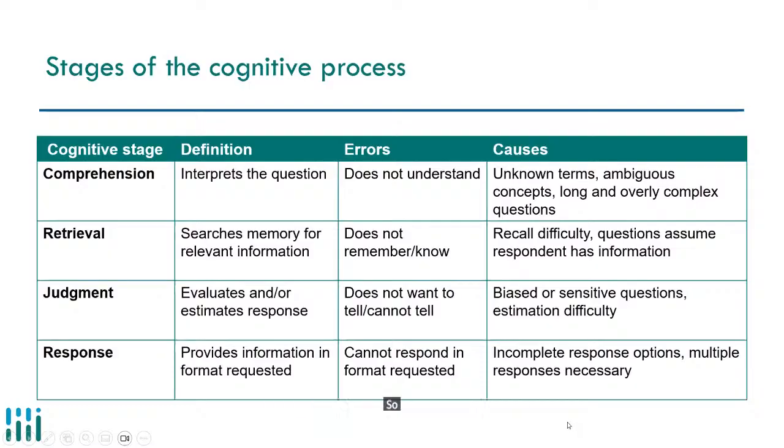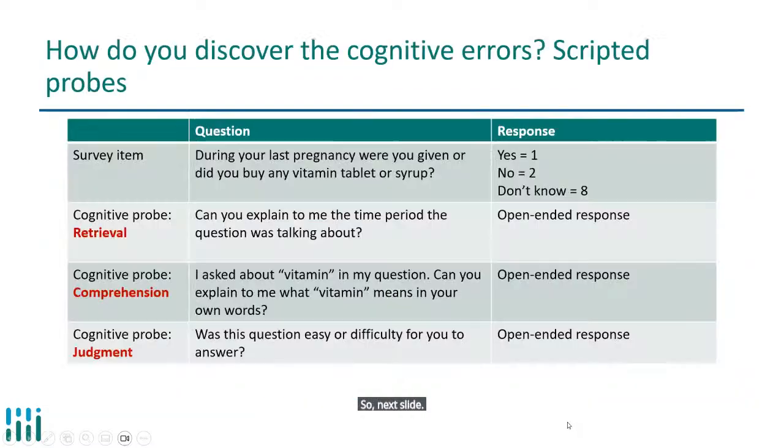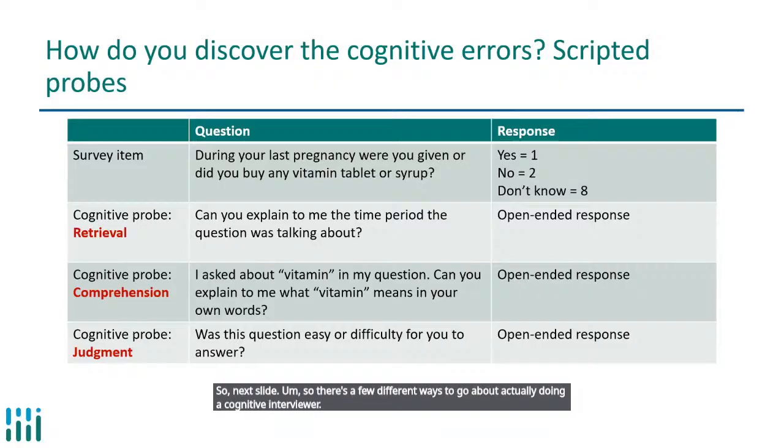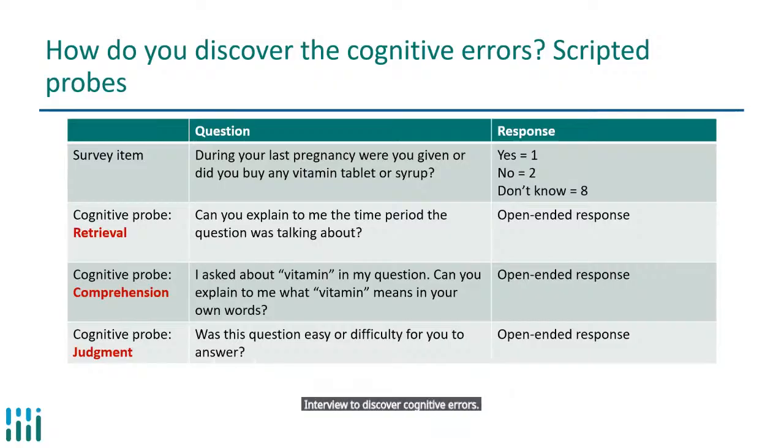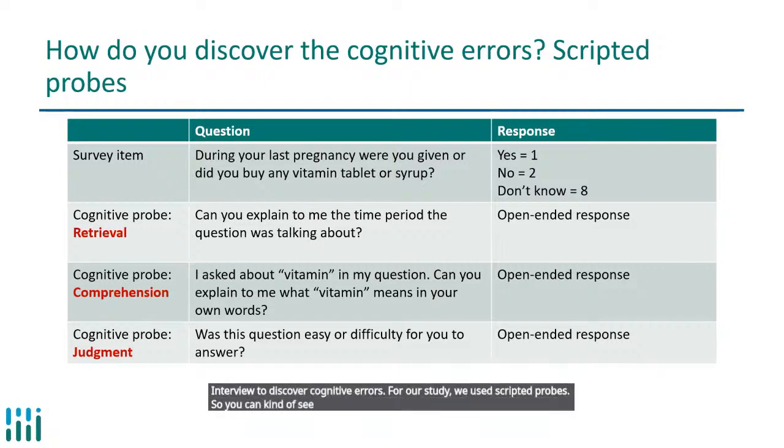So next slide. There are a few different ways to go about doing a cognitive interview to discover cognitive errors. For our study, we use scripted probes. You can see in the table, we have the survey item: during your last pregnancy, were you given or did you buy a vitamin tablet or syrup?